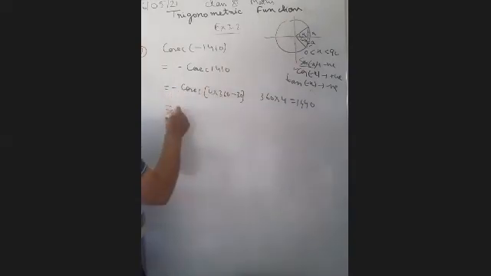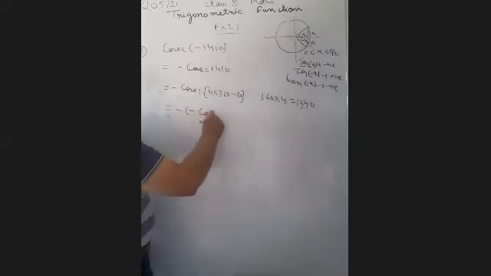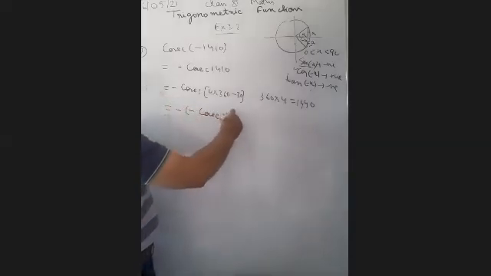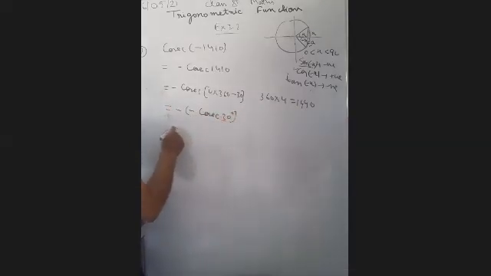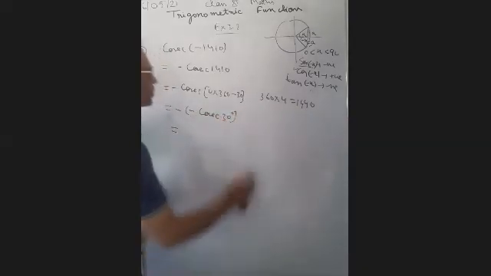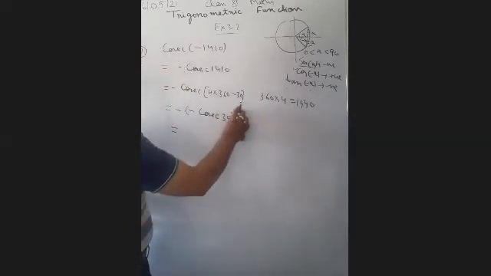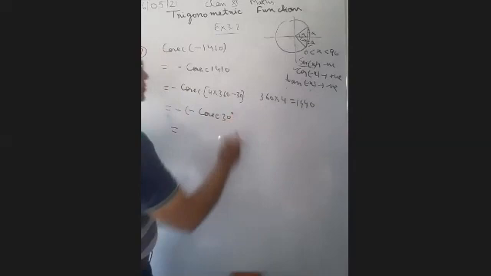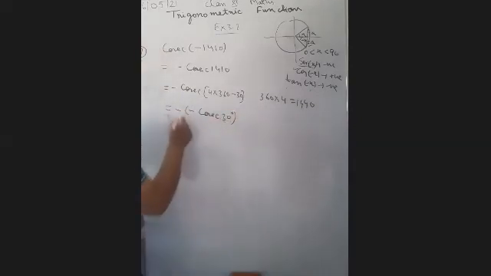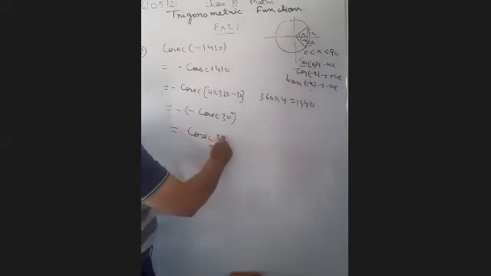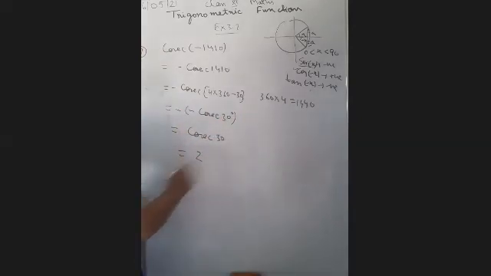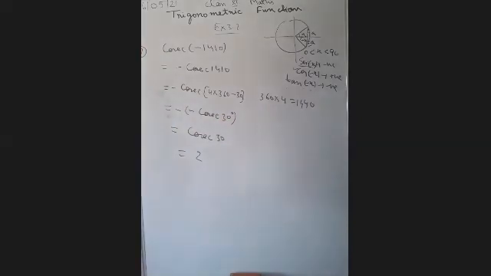So negative and one more negative, the value will be positive. यानी कि the value of this function is plus cosec 30. Cosec 30 is equal to 2 because sin 30 is 1 upon 2. So cosec 30 will be 2.